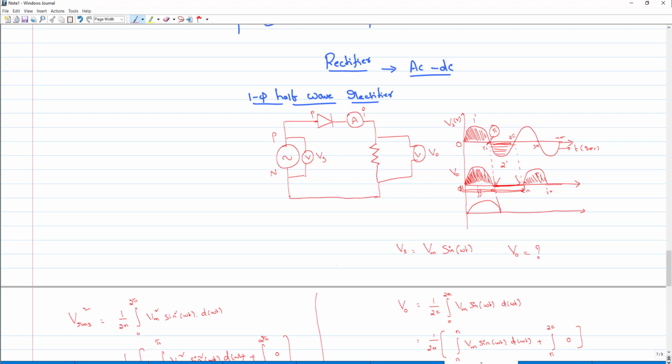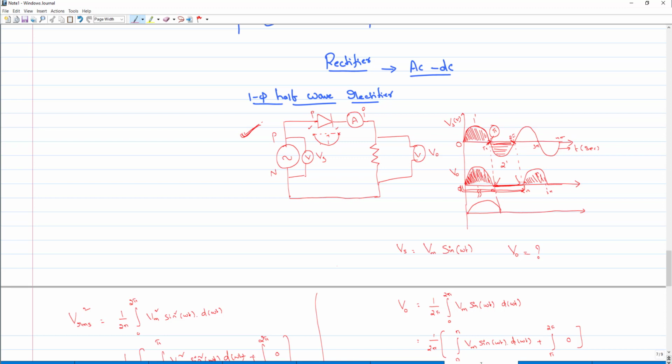When the positive waveform of the voltage is given to the diode, fine. But when the negative waveform is given to the diode, it sees a negative voltage. So what is that negative? This much amount of negative is what we'll see.